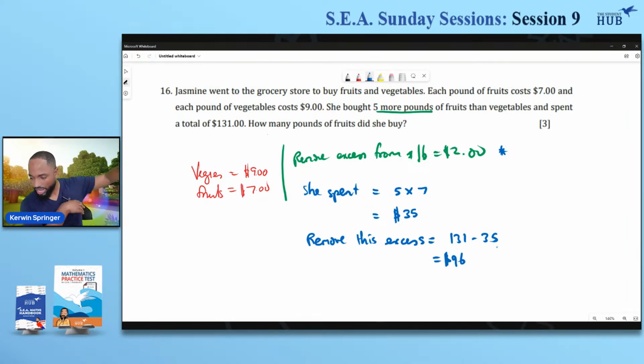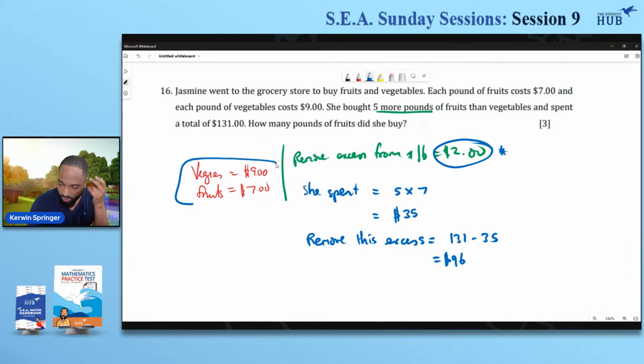So we take all that excess 5 pounds of fruit she bought because that was messing up the question. So it's $96, and now we have an equal number of pounds of vegetables and fruits. But there's an excess of 2. But since we have an equal number of each, I will approach this question with another technique.